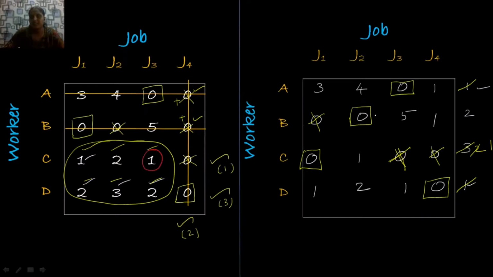So the last chance is for this position alone, so the assignment is made. For this position there is no 0 in the same row and column, so the assignment is made. After this, check whether each row has exactly one assignment. So each row and also each column has exactly one assignment, which means the current assignment is optimal.